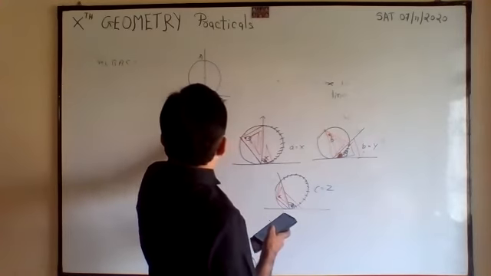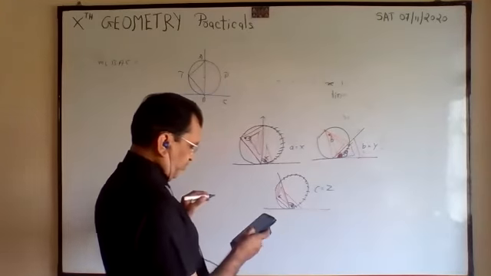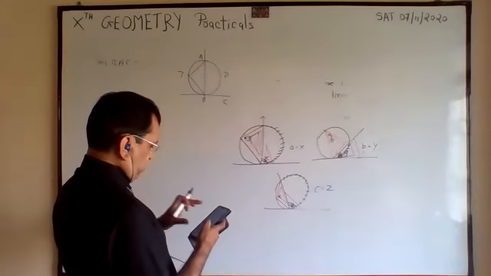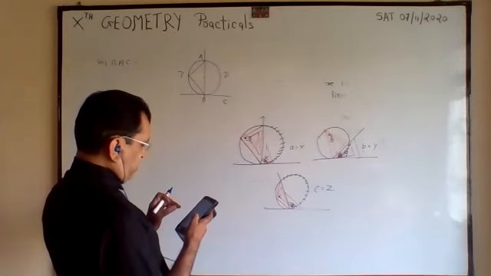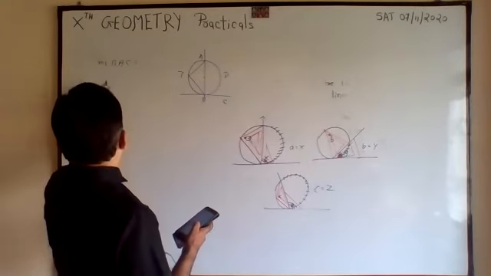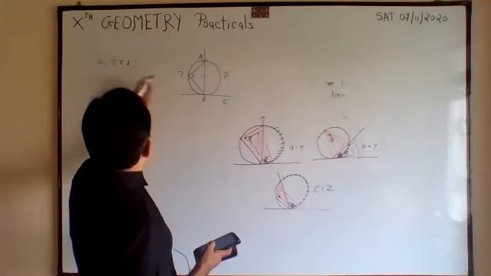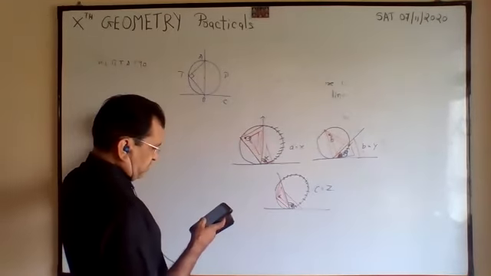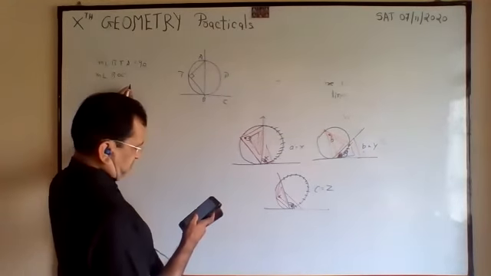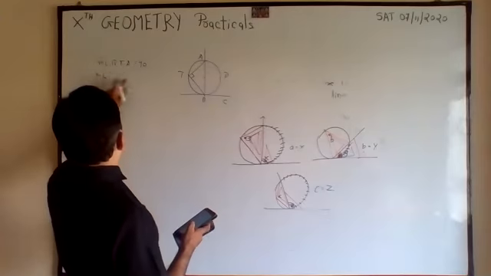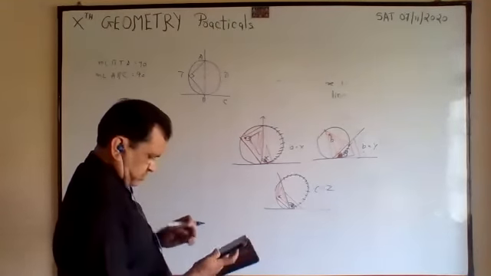A, B, C, D, and T they are given. So first write BTA. BTA is 90 degrees. Measure angle BOC. Here write ABC is equal to 90 degrees.